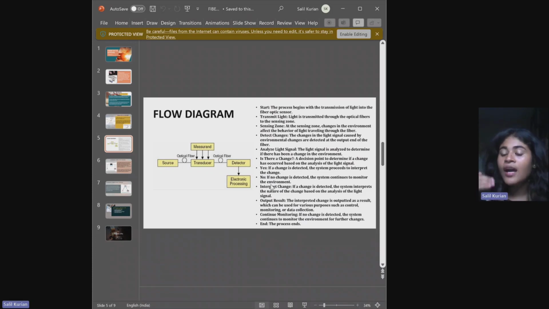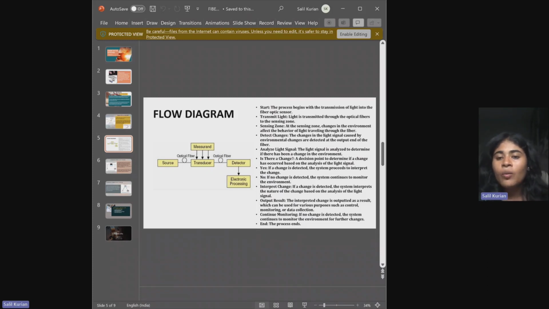The receiver processes it, analyzes it, sends it as the output. And if none of this is happening, then there's no change detected. Input, no modulation, directly going to output. So that is the flow diagram. Then, as said, the output result will be displayed, and then we will end the process. That is the flow diagram.